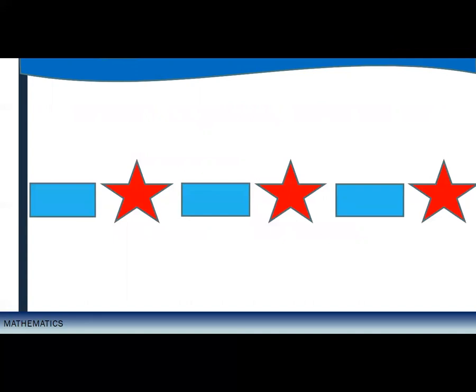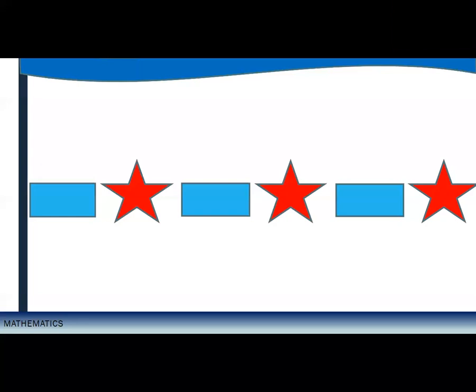Now look at this pattern, boys and girls. What do you notice? Wow. If you said you notice that this pattern begins with a blue rectangle and is followed by a red star, then another blue rectangle, followed by another red star, and we have another blue rectangle, followed by another red star, that is awesome, boys and girls.